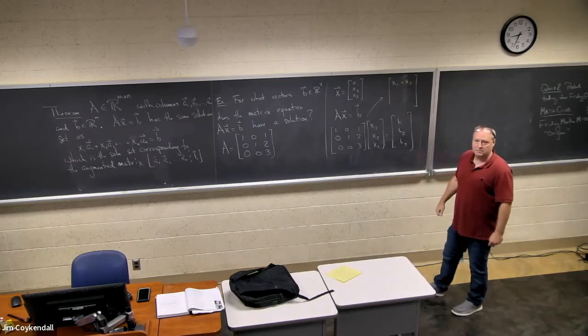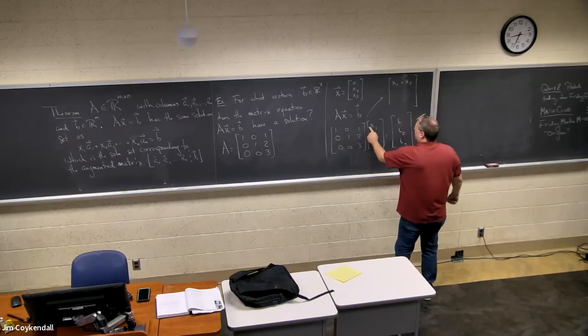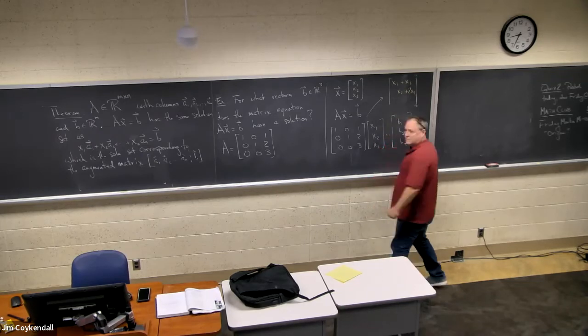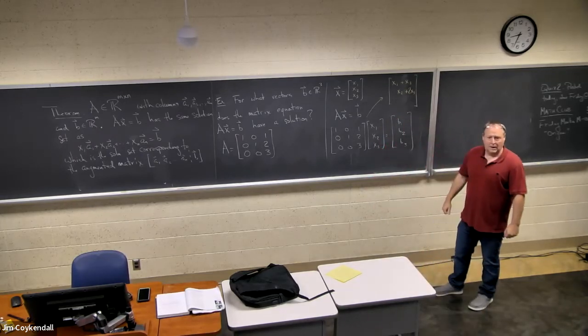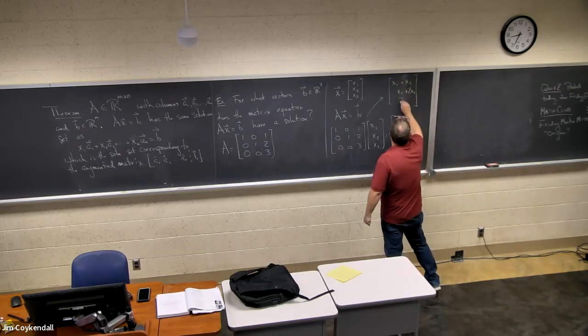Agree? The second entry is 0x1 plus x2 plus 2x3. And the last one is a little easier: this row times this column is 3x3.